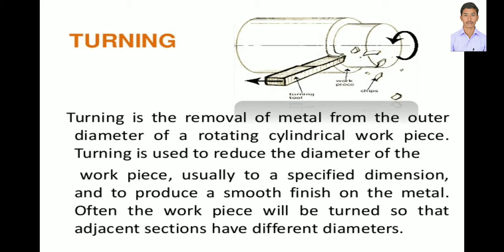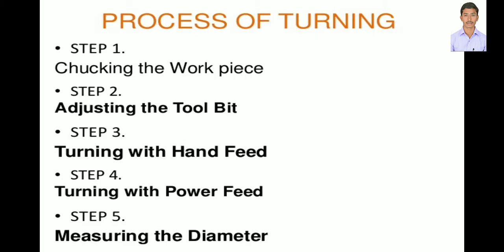That is the turning operation, and we get a smooth surface finish on that workpiece. Often the workpiece will be turned so that adjacent sections have different diameters, so one end has one diameter and the other end has a different diameter. Why? Because the turning operation is performed on the lathe machine.